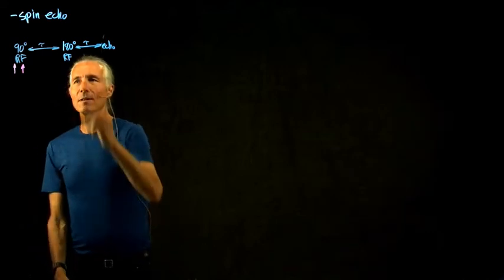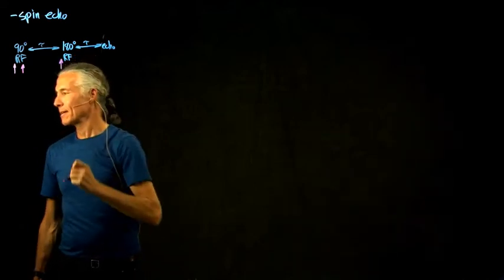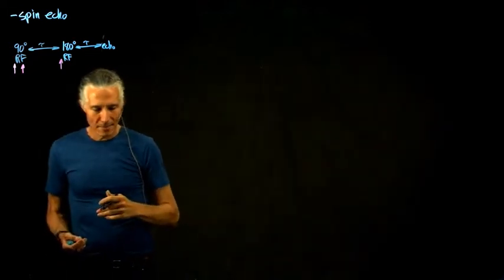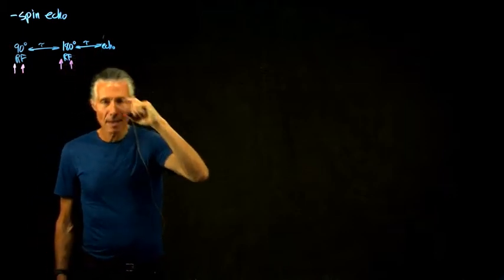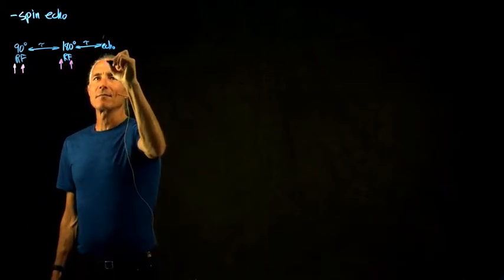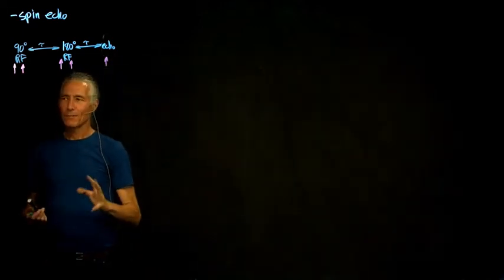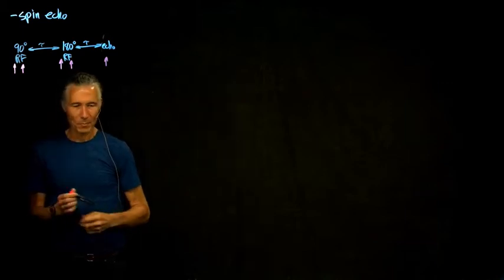And then we'll ask, what happens right before we did the 180? What's the state of affairs? And then what's the state of affairs right after we did the 180? And then finally, what's the state of affairs when the echo happens? So there'll be five conceptually different parts of the SpinEcho.